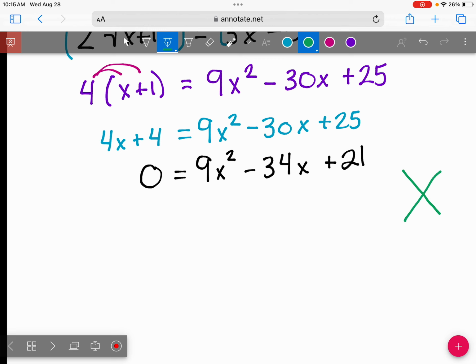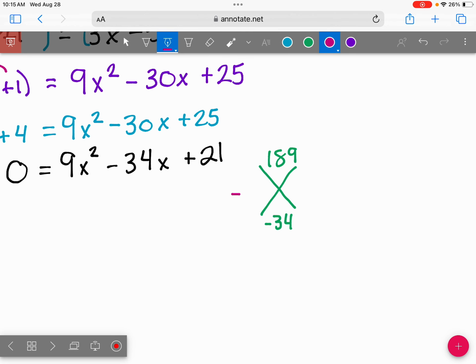So for our factoring, I'm going to give you guys the numbers because these are super gross and it will take a ton of time if we just sit here waiting for it. If we're stuck on this part, make a list of factors of 189. It divides by 1 and 189. It won't divide by 2 because it's not even. It will divide by 3.